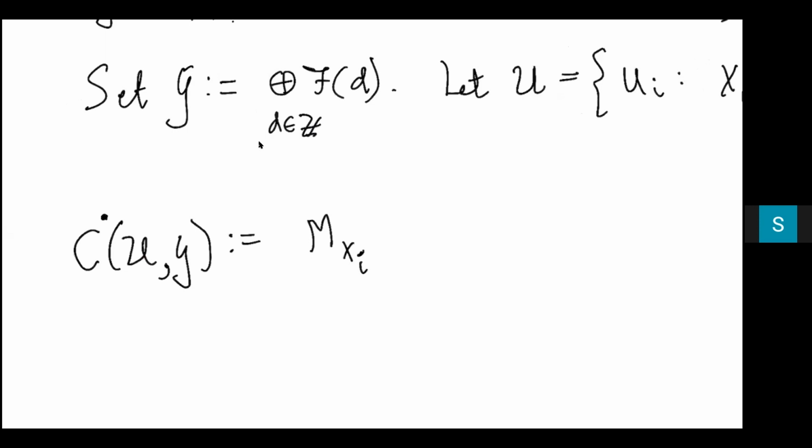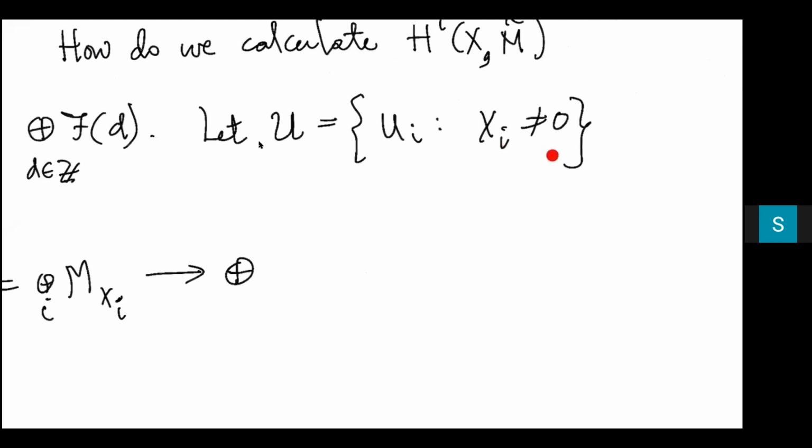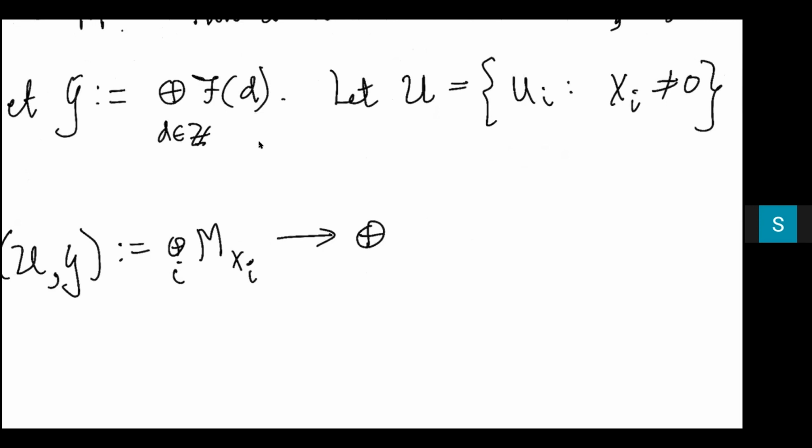So I put a direct sum here over i. And then for the next one, what is the intersection of two such open sets? It's xi not equal to 0 and xj not equal to 0. So if you think about it, you will get exactly M_{xj1 xj2}, with j1 less than j2, and so on and so forth.